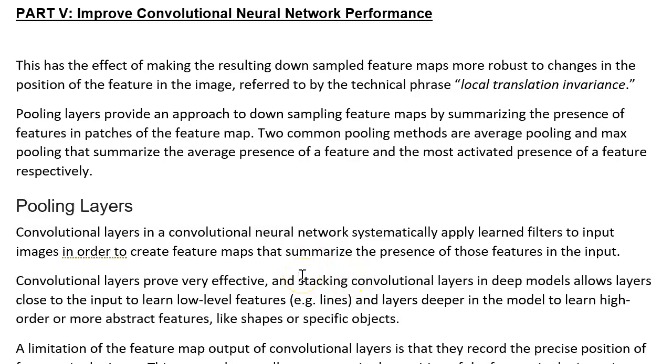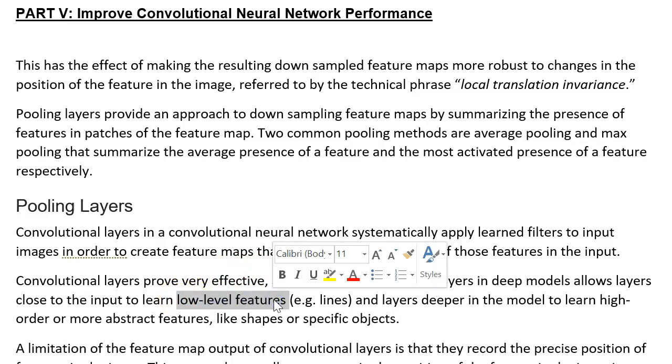This is very effective and allows the input layers to learn low level features, the granular level of the data. We are going to check the granular level of the data, and if that doesn't match, it doesn't actually provide a good value.